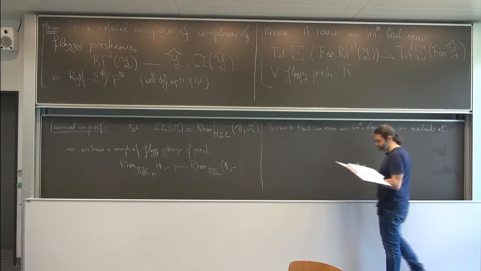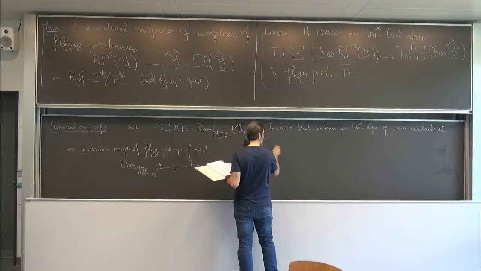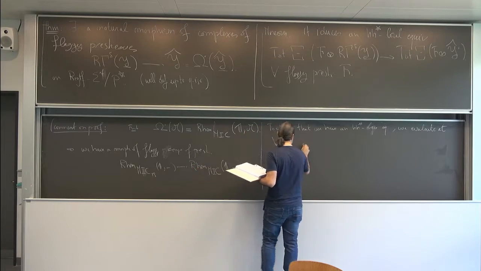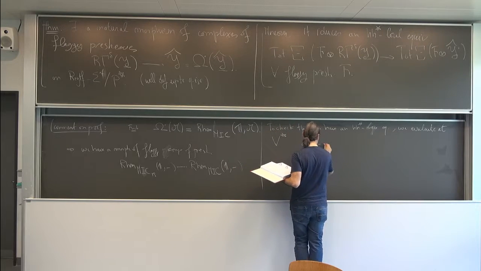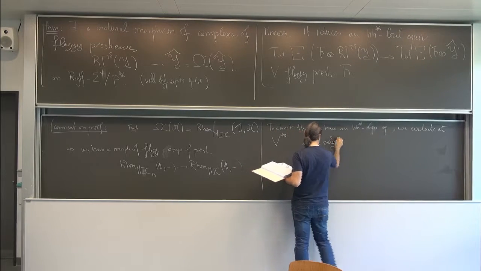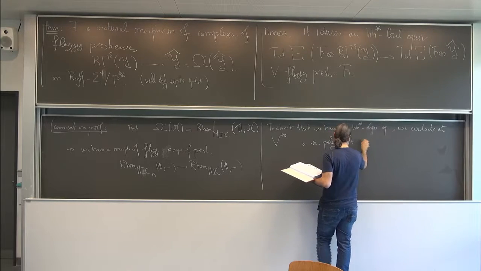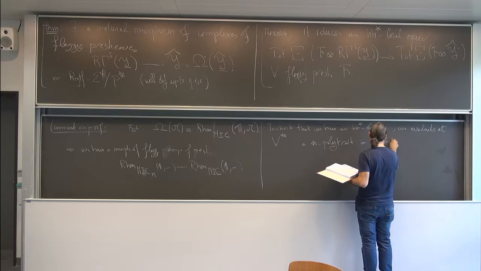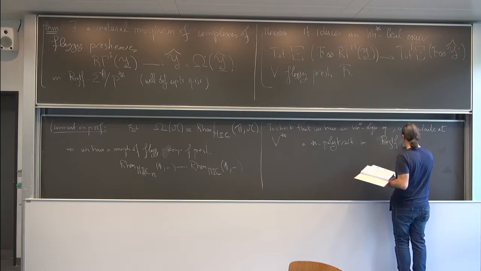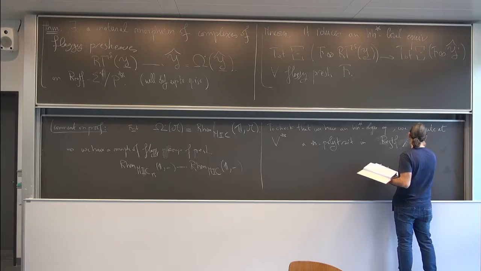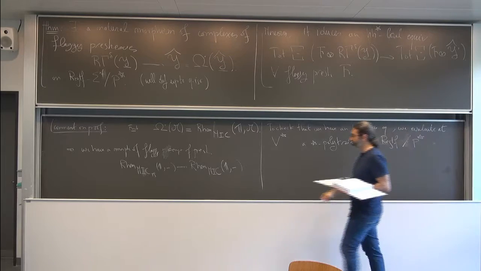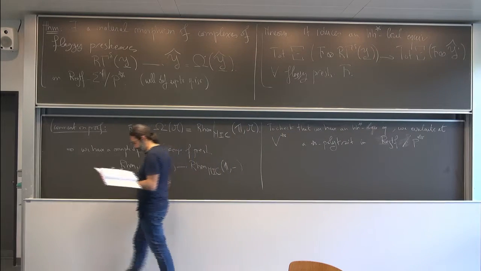So we pick a V-star, which is a star polytope in the category of types over P-star. We fix such a thing, and we evaluate our complex at this point.